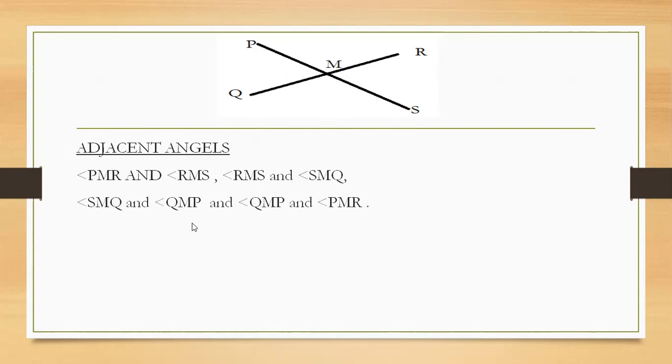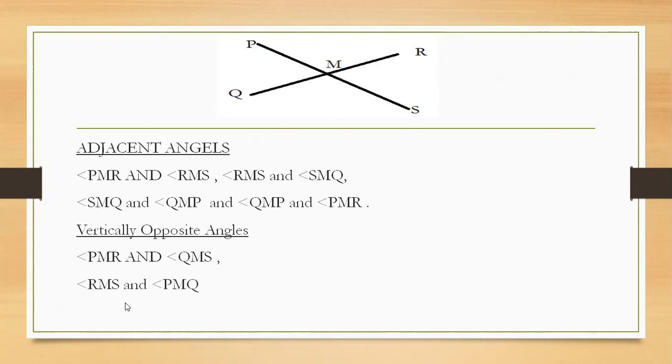These are four pairs of adjacent angles. Similarly, for vertically opposite angles, look here: PMR and QMS are vertically opposite angles. Similarly, next, RMS and PMQ are vertically opposite angles.